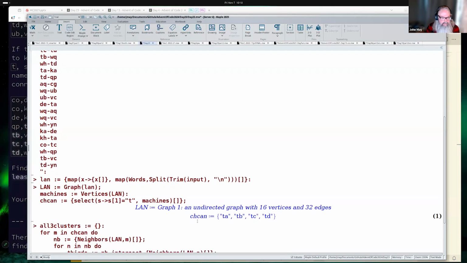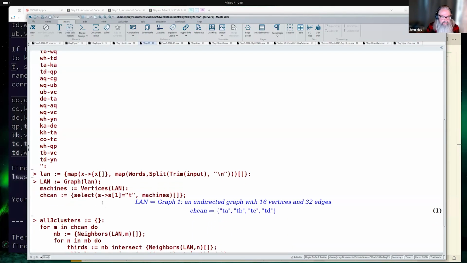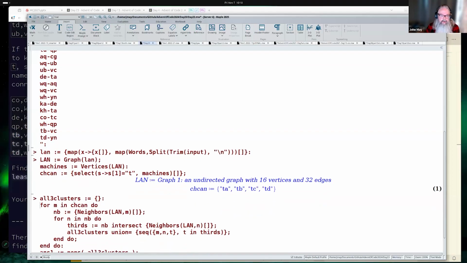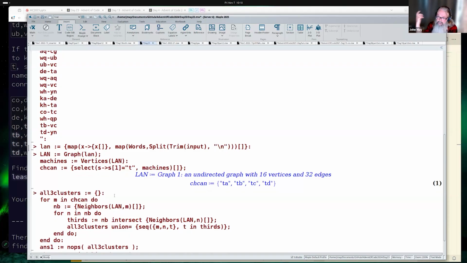All right, so anyway, now I have this, and you can see it turned into a graph. It had 16 vertices, 32 edges. Actually, I want to look at the vertices that start with a T. So I go through each of those, and I'm looking for 3-cliques.